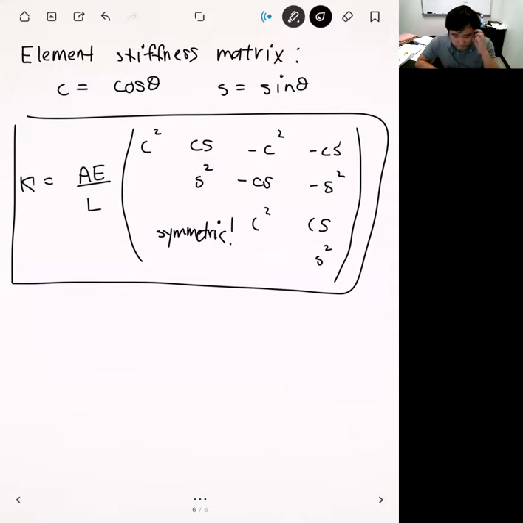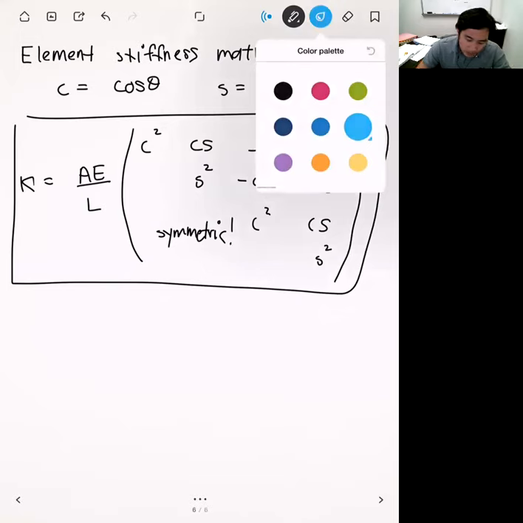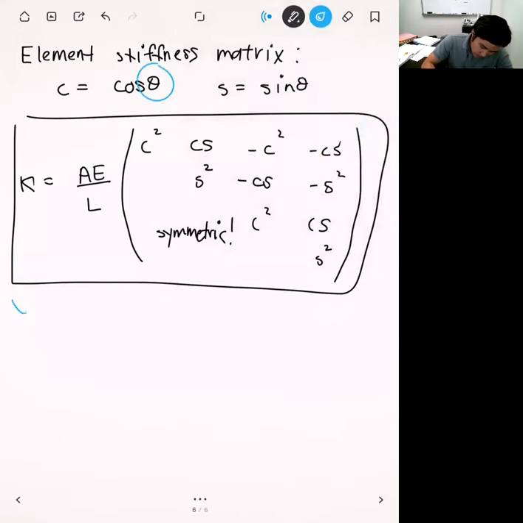Okay. All right. One note, and this is a really important note. It's really important for everyone to know that when you compute this angle theta, make sure you're computing that appropriately. Okay.